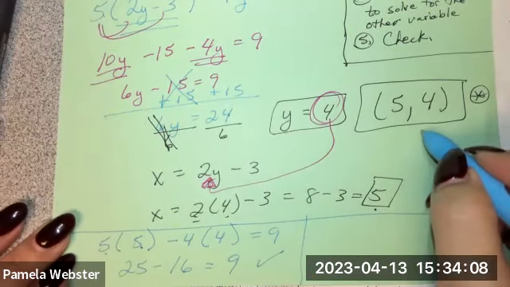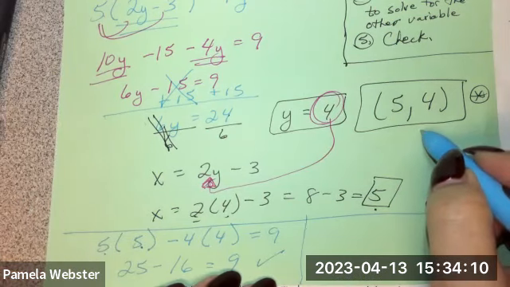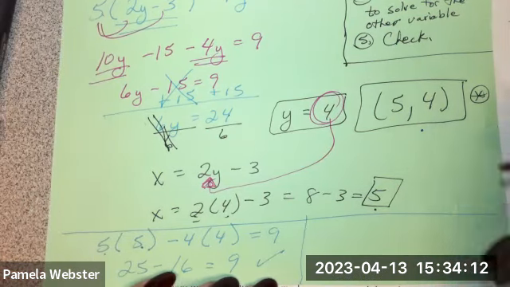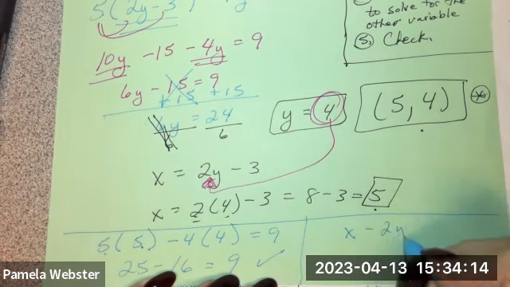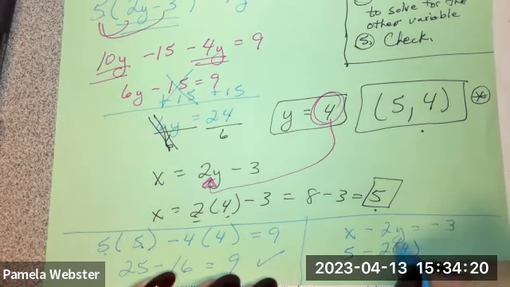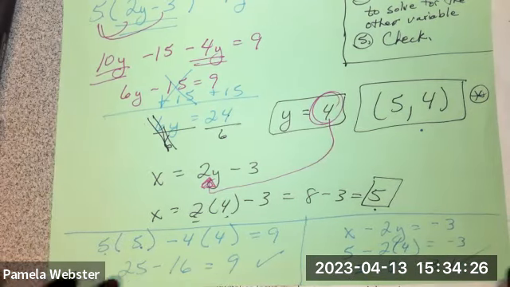So this point works in the first equation, but I have to check it in the second equation. x minus 2y equals negative 3. Well, x was 5, minus 2 times 4 equals negative 3. 5 minus 8 equals negative 3. Sure enough, look at that.